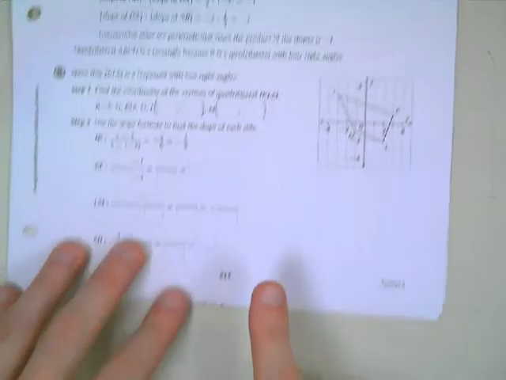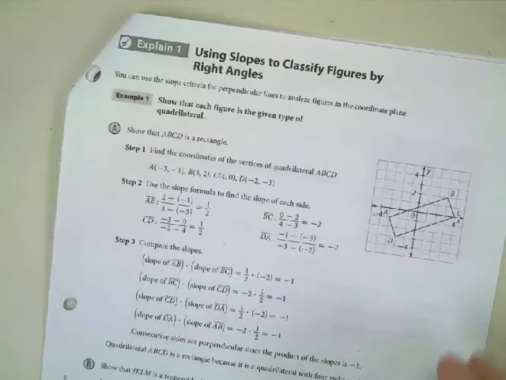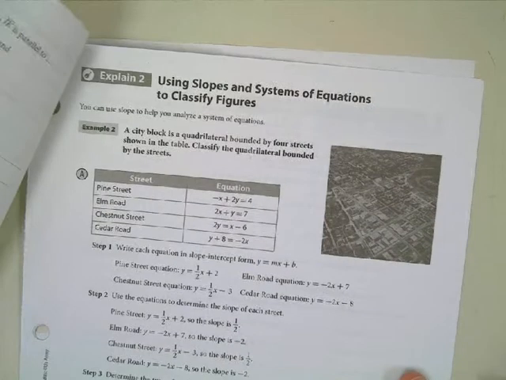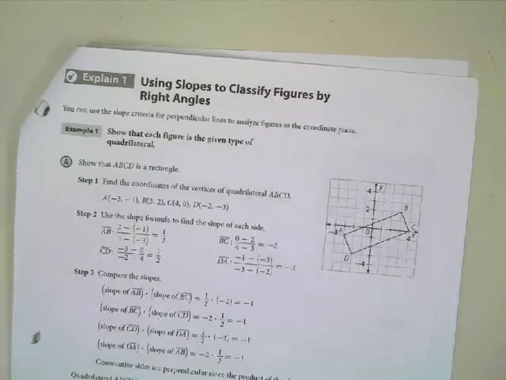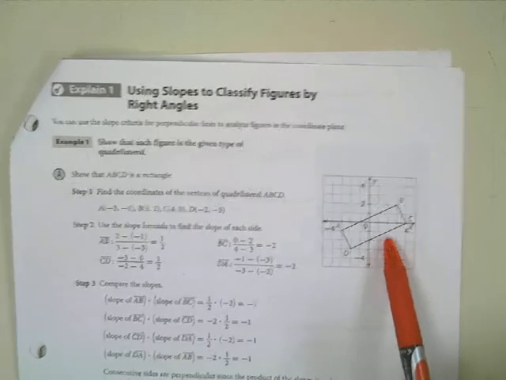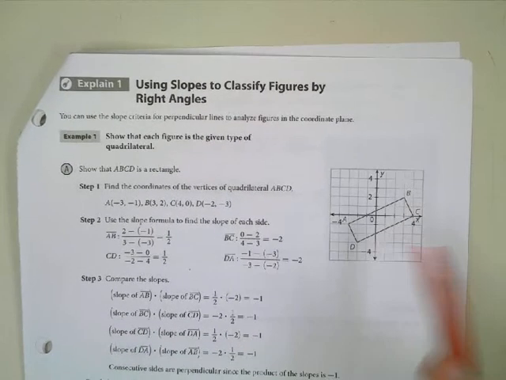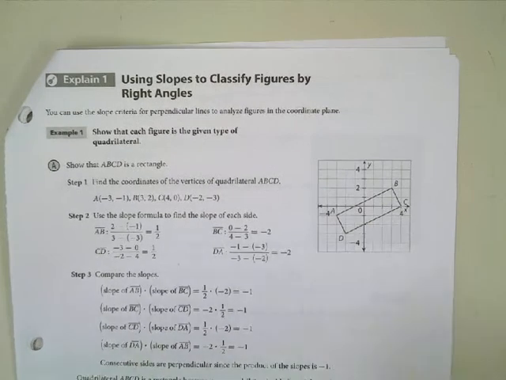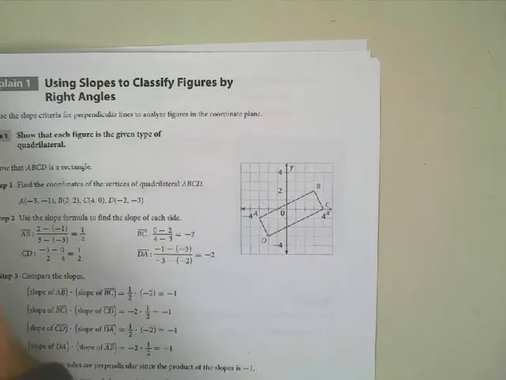511. We'll look at just this first one here, and I think we should be good after we see that first one. Okay. So we want to show that this quadrilateral is a rectangle. All right, so ideas here. What can we do to show that this quadrilateral is a rectangle?